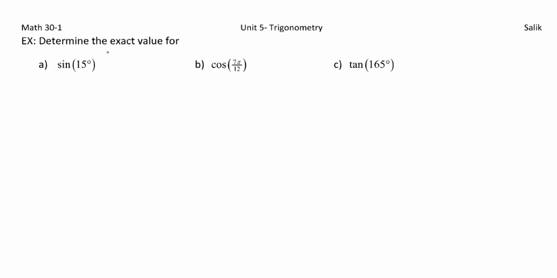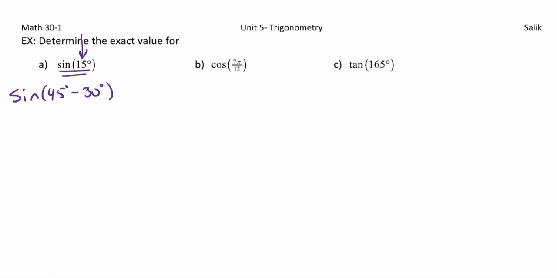But what we can do is use numbers that we do know on the unit circle. So here's what I mean. Why don't we rewrite this as sine, and I'll do 45 because that's on the unit circle, minus 30 because that's on the unit circle, right? So I know the exact value of those things, okay?